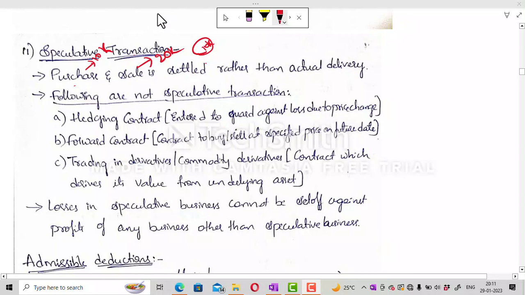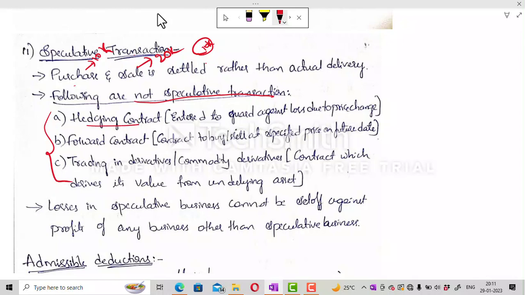But here a speculative transaction will not include the following, meaning we should not tax all these under PGBP. What are all those? Hedging contract. See, due to fluctuations in foreign exchange, we will enter into one contract now only, that we will settle this transaction at a particular price.